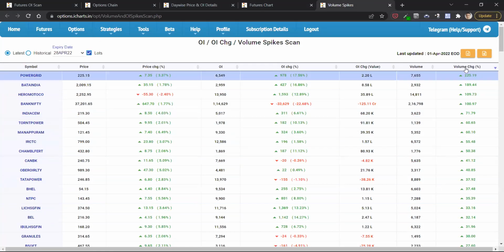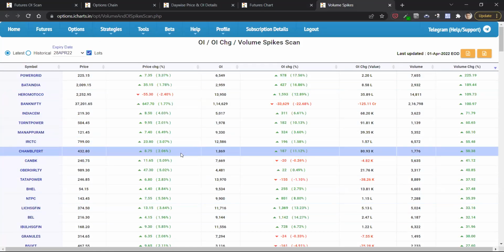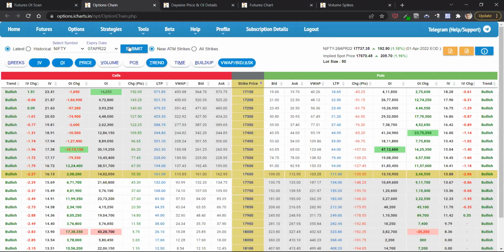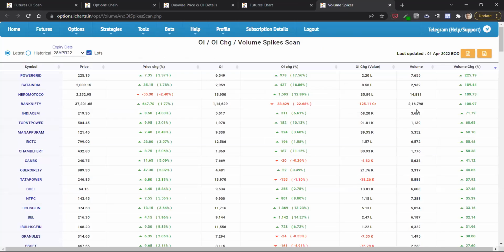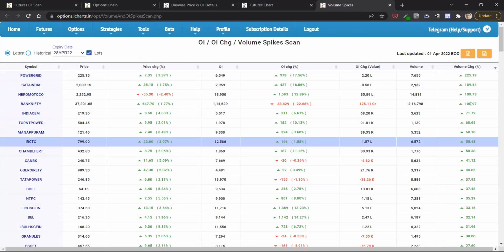What you should see here in the volume change column: if the market is bullish, based on your option chain analysis here in trend interpretation, you need to see lots of 100% volume changes by afternoon.